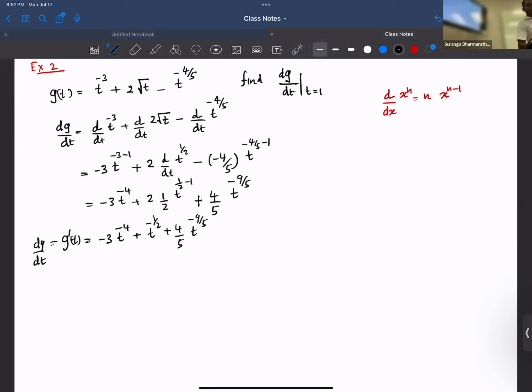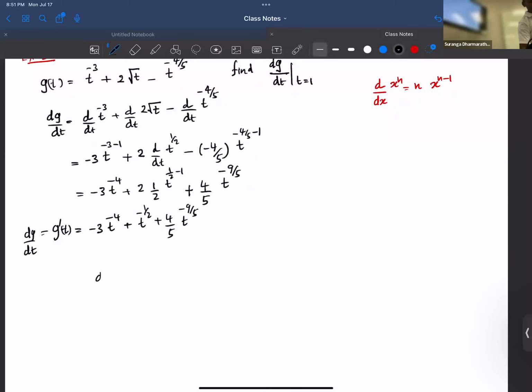So what we need to find is dg over dt at t equals 1. What would I do to find that? Plug it in. Yes, you substitute t equals 1 for all t values in that equation.